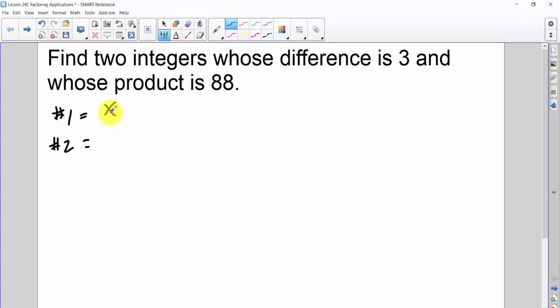So I could either say the next one is x plus 3 or x minus 3. It really doesn't matter because their difference is a total of 3. I'm going to go with plus. And then it says their product, which means if I multiply them together, that is going to equal 88. And so now we've got an equation to work out.